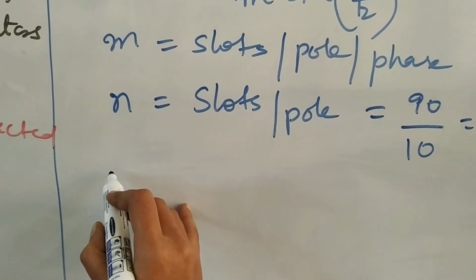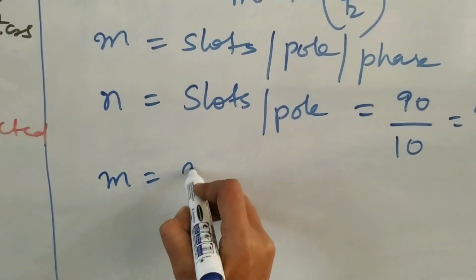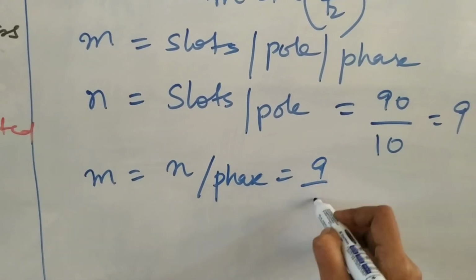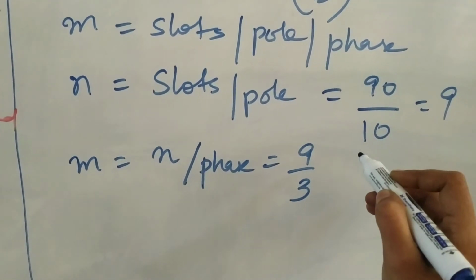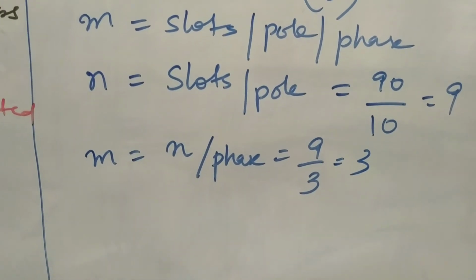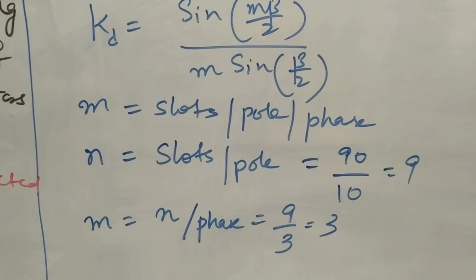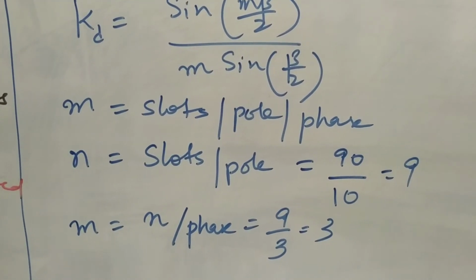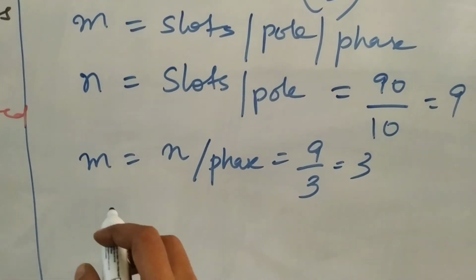Then how about the m value? M value is nothing but n divided by the phase. So it is 9 divided by the number of phases, 3, so it is equal to 3. Now you can solve Kd easily. M is done. Now you can find out the beta angle. What is beta? It is the slot angle.